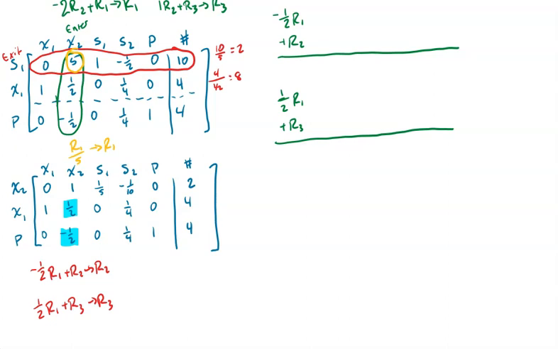So negative 1/2 times row 1 is going to be 0, negative 1/2, negative 1/10, positive 1/20, 0, and then negative 1.